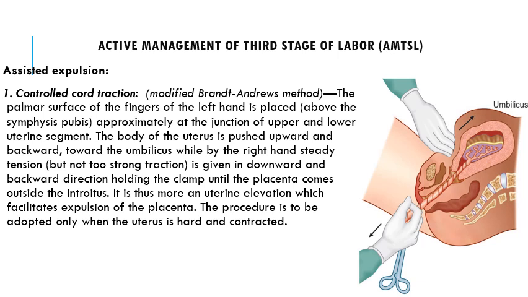The body of the uterus is pushed upwards and backwards towards the umbilicus, while by the other hand, steady tension is given in downward and backward direction, holding the clamp until the placenta comes out of the introitus. It is more a uterine elevation which facilitates expulsion of the placenta. This procedure is to be adopted only when the uterus is hard and well contracted.